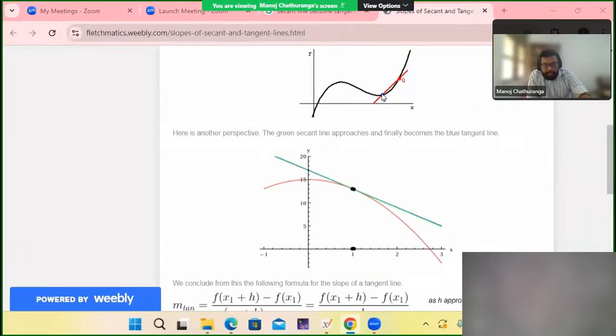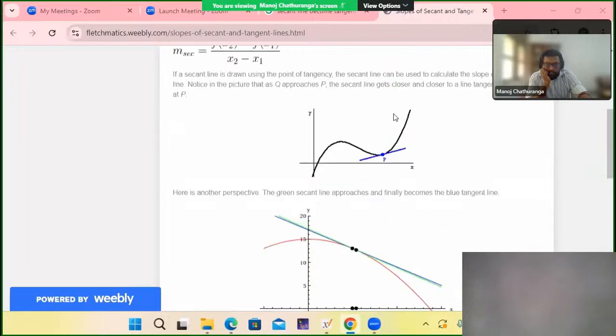Now look at this animation. I hope you can see it. Look at the top graph. You take a neighboring point and draw the secant line, and as you move this newly chosen point towards the other point, the secant line becomes the tangent line.